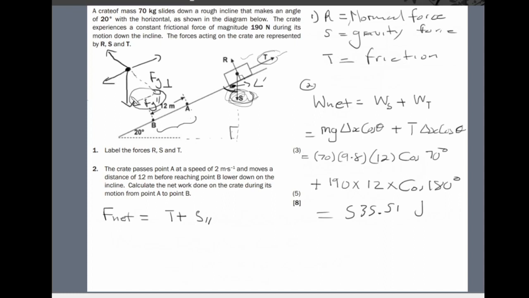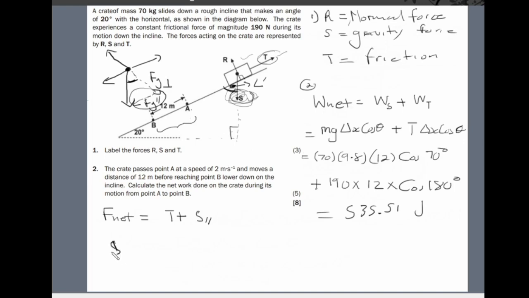And then the angle of interest. To get the magnitude of this Fg parallel, you will use this angle here, right? Sine 20 will be Fg over Fg parallel.